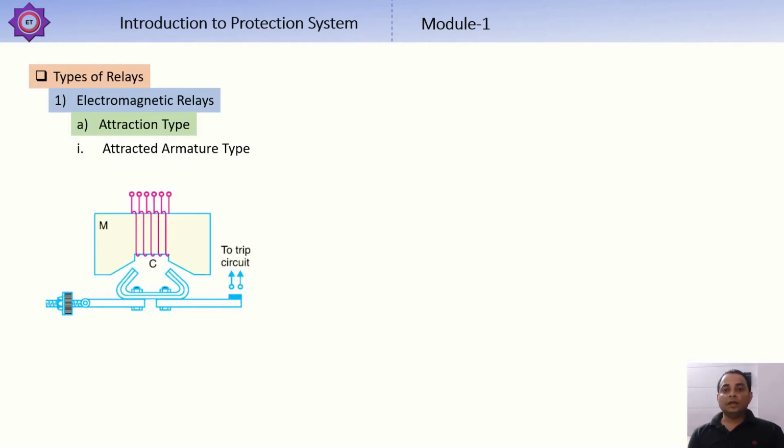This figure represents an attracted armature type. This one represents the core, and when current flows in the coil, this core magnetizes and the core is converted into an electromagnet.